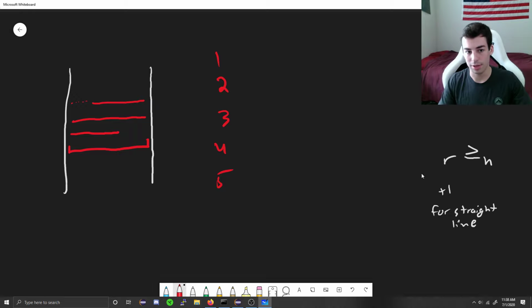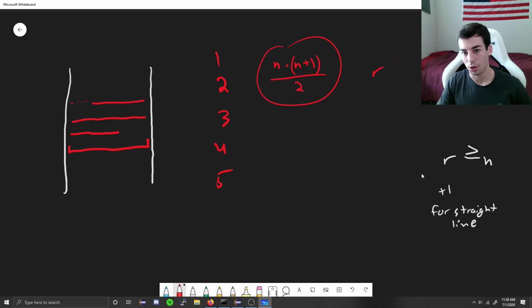If you add these pairs up, these are 2 times 3, these are 2 times 3. So basically we can convert everything into 3s. Or alternatively, it's just n choose 2. So the formula is n times n plus 1 over 2. And we can do this to count all numbers for all r's less than n.